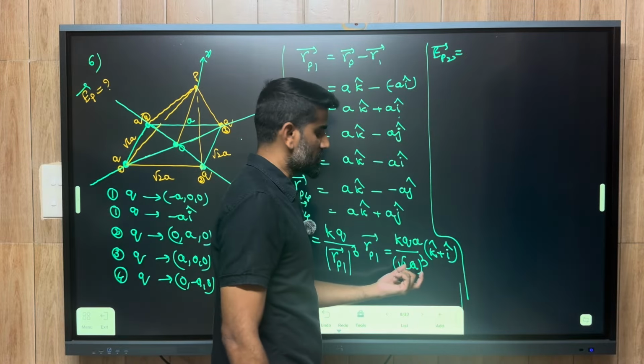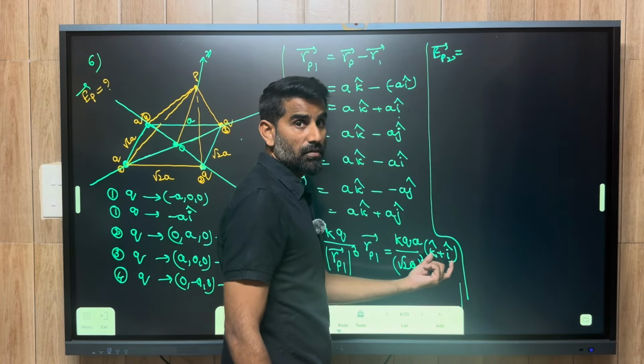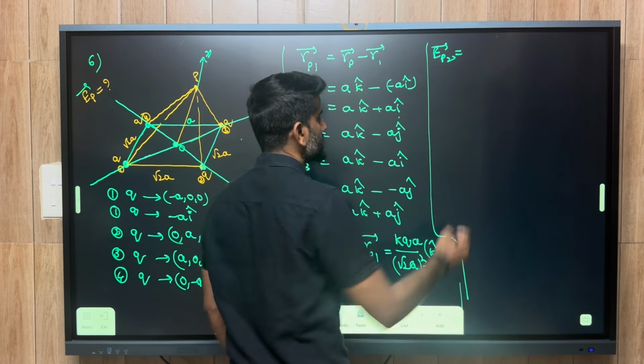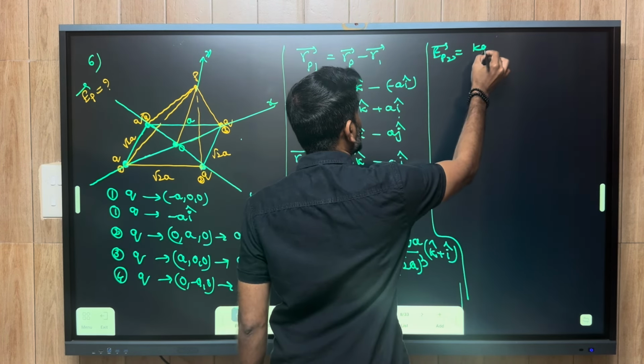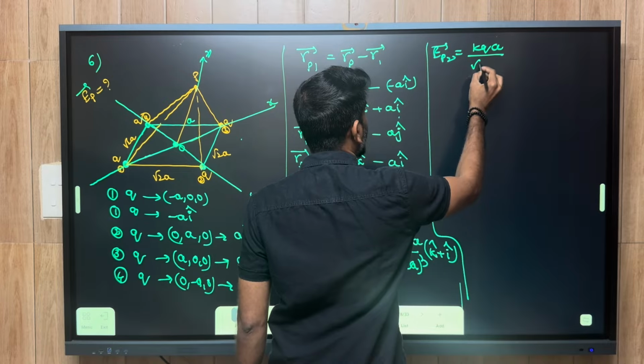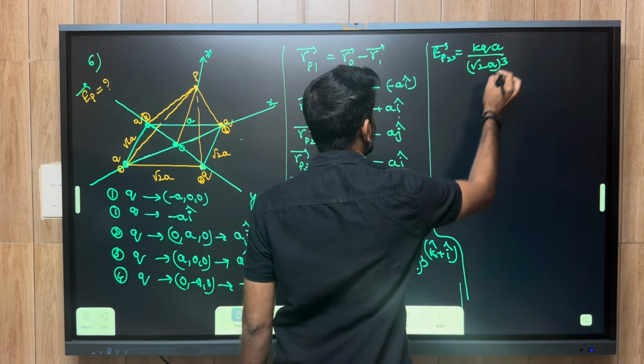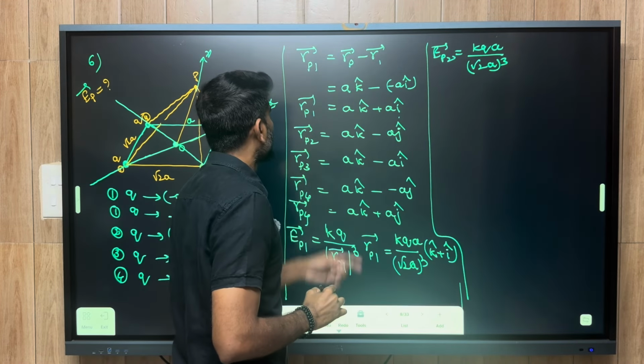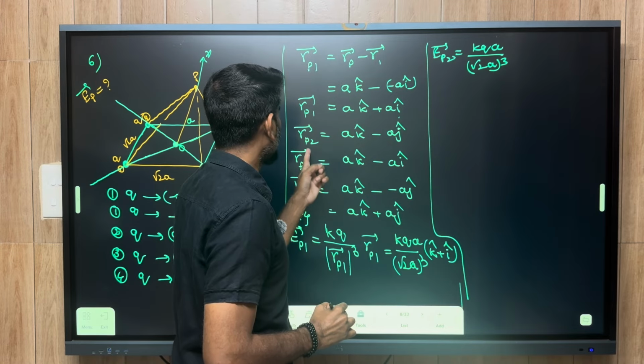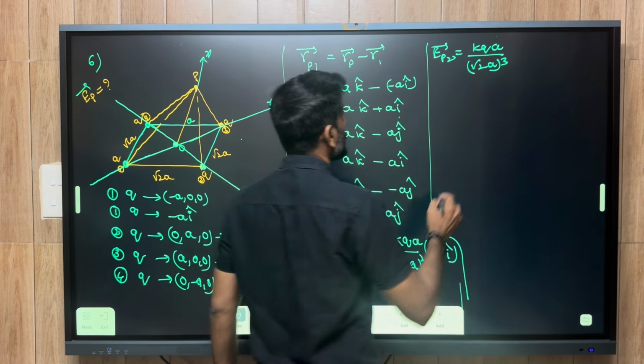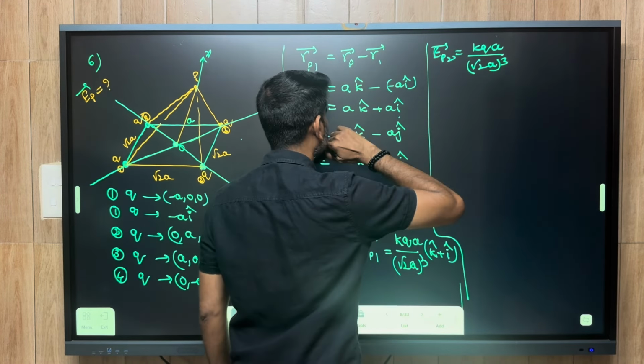We will get the same equation, but the unit vectors will change. So k q a by root 2a whole cube, and for r p2, a can be taken common, as I have already done, times k minus j.